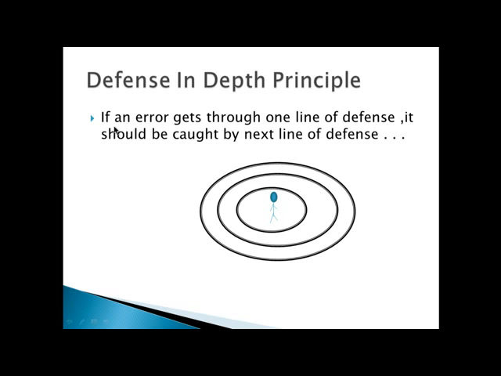If we take the defense in depth principle, it says if an error gets through one line of defense, it should be caught by the next line of defense. So if we explain this through this picture, there are three security lines around this person.